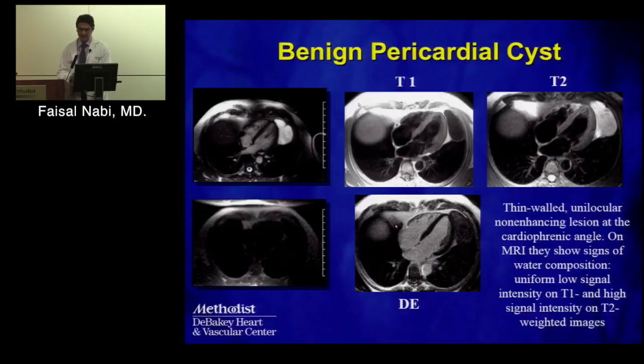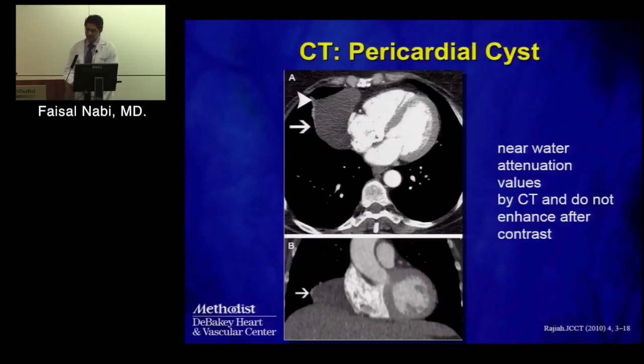For example, in this cyst case, there are particular ways cysts behave in different sequences. With CT, similarly, we can identify cysts very easily. Cysts generally tend to have water attenuation. So if by CT Hounsfield units you have a structure with attenuation between 0 and 20, usually at the right cardiophrenic border, these are more likely consistent with cysts.